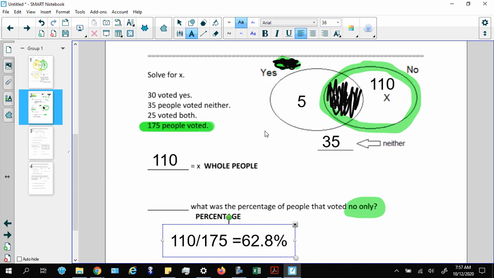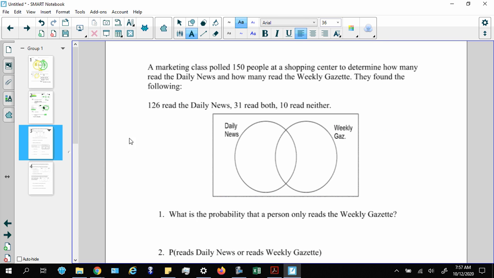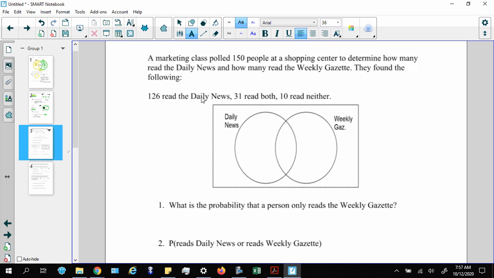All right. So lastly, we'll go over this real quick. Again, we're dealing with a Venn diagram that is not filled out, so we're going to have to do that. First thing we're looking at is 126 people read the daily news.